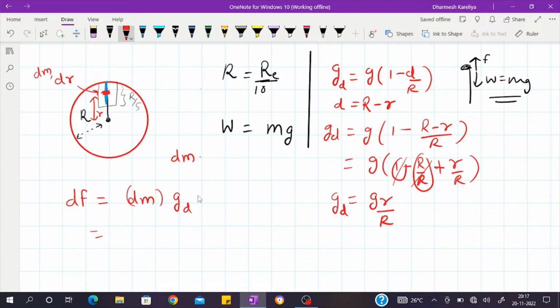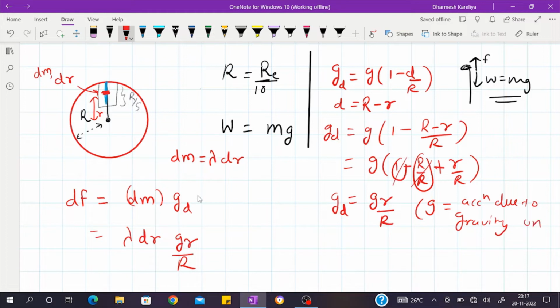Mass will be density times length, density is lambda, length is dr, so dm will be lambda dr. So you can put that here, lambda dr, and g_d is your g small r upon capital R. Here this g in the formula is the acceleration due to gravity on the surface of the planet. Fine, so remember this data.